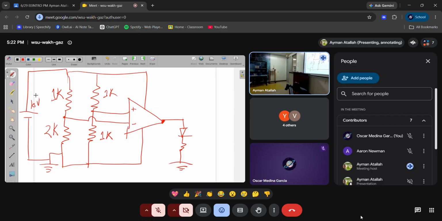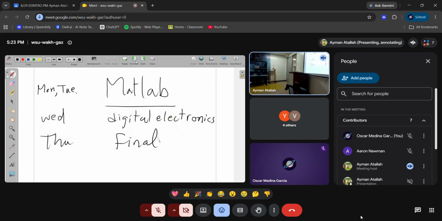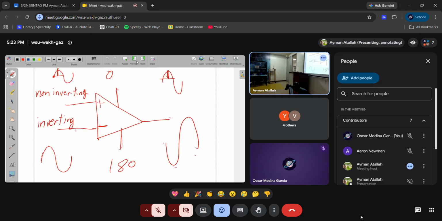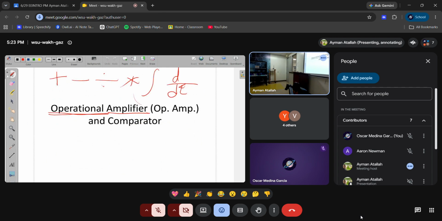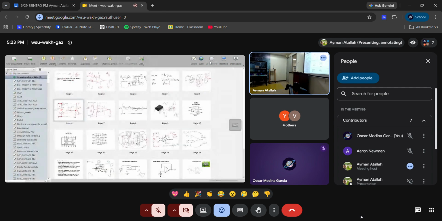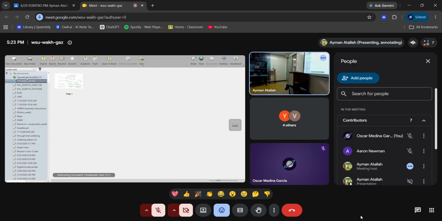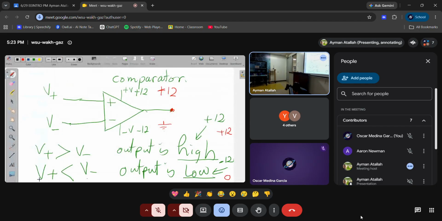Is it not inverted? Okay, let me return back to this page here, the first page. So where is it, not this here. Oh, 1 second. For a comparator, if you use the operational amplifier as a comparator, no negative feedback, no resistor here, nothing.